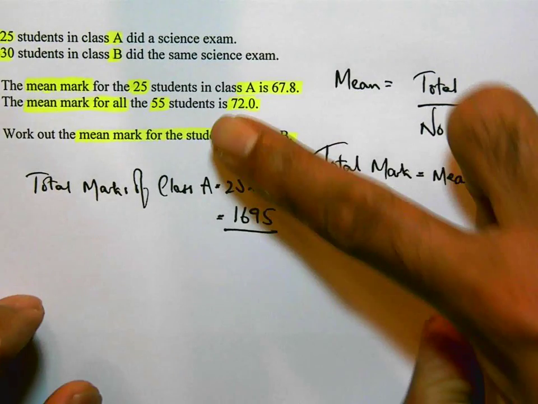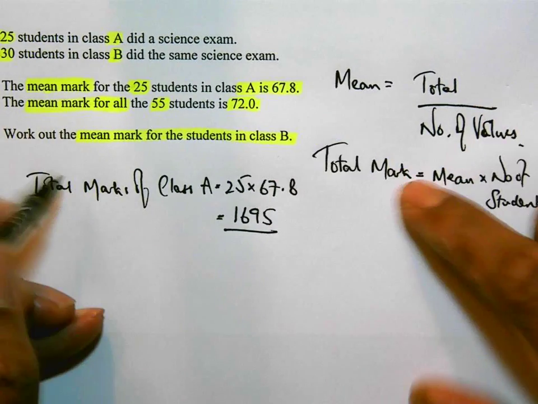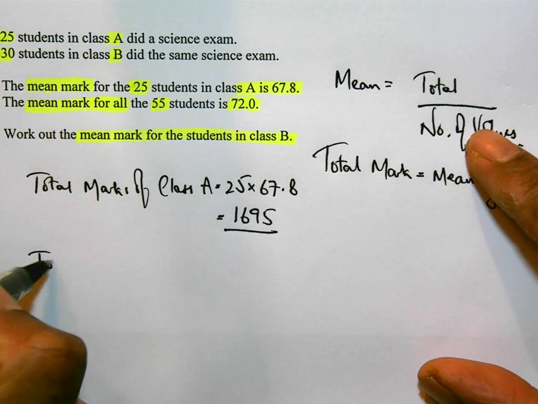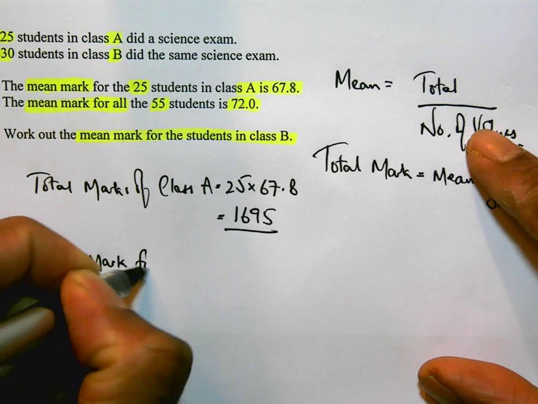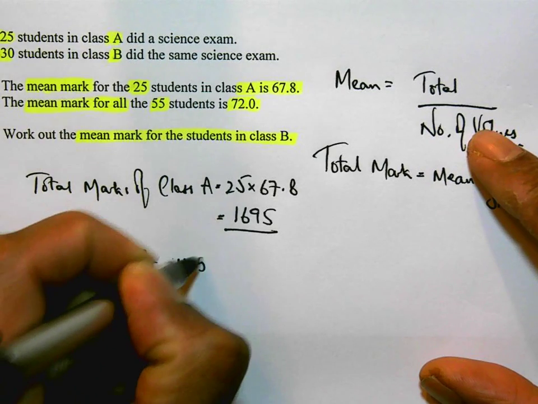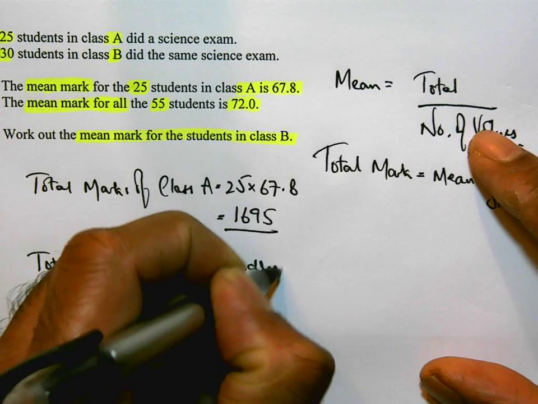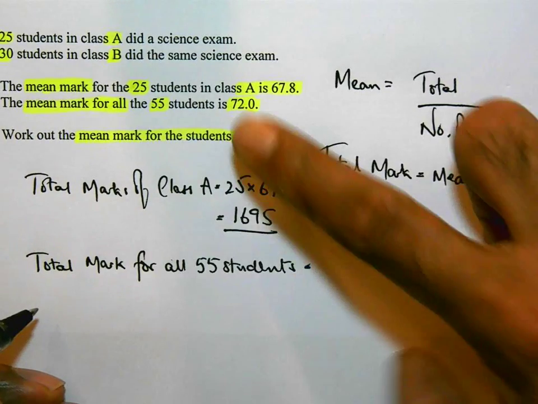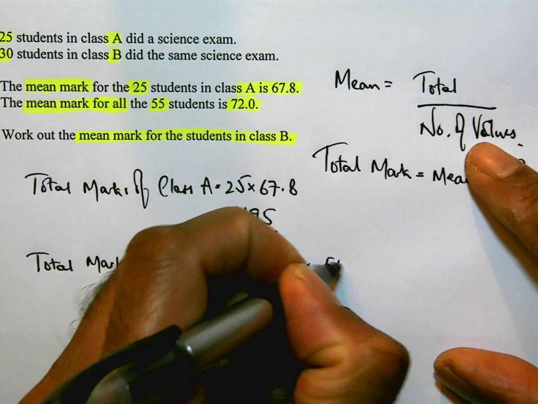However, they've said that the mean for all 55 students is 72. So the total marks for all 55 students is going to be, and I'm going to use the same logic for this, 55 times 72.